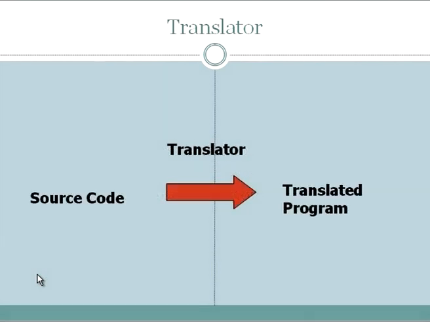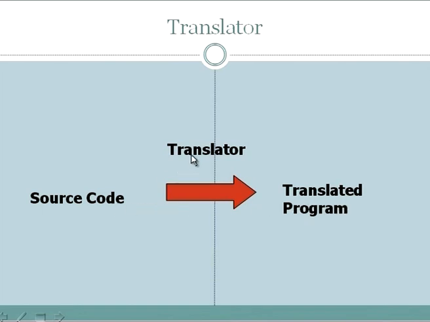This diagram shows how a translator works. First of all, you code your program in the high level language. That code written in the high level language is called source code. Then you use a translator to translate the program written in the high level language to a machine understandable format, generally called the translated program.